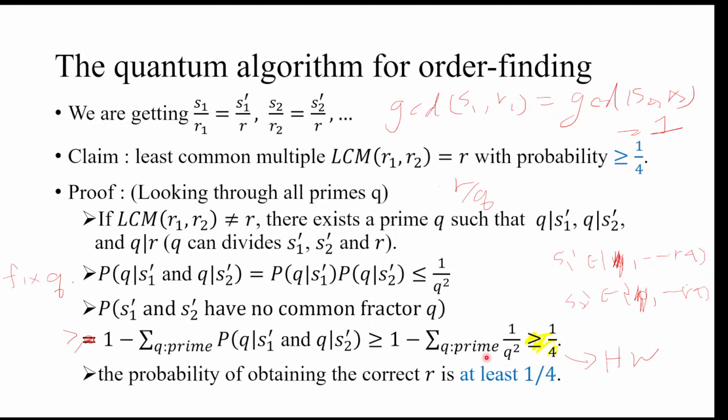If you just sum over Q from 2 to infinity, this will be a bounded thing, because it's just 1 over Q squared, and if you think about the integral, it has a converging tail. So this thing is bounded, and you get a bounded value here. We don't actually care how big or small this value is, as long as it's a constant. So the probability is at least 1 over 4 here.